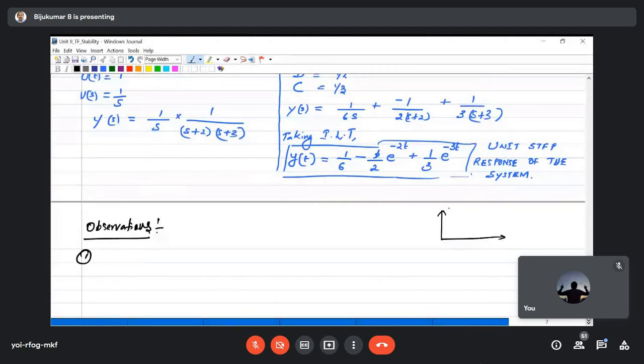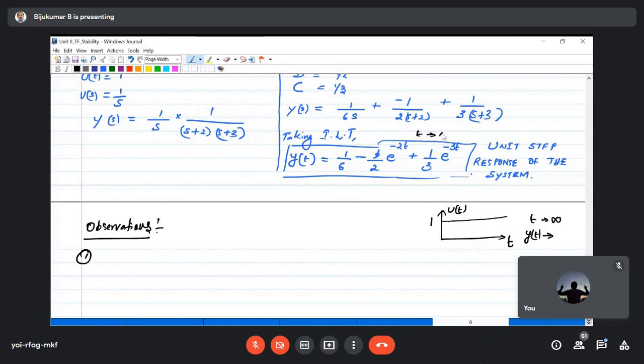It is u(t) = 1, so this is a bounded input. If I give this, we have to find what happens as t tends to infinity, right? What about y(t)? I know the expression: it is 1/6 - 1/2 e^(-2t) + 1/3 e^(-3t). So if t tends to infinity in this relation, what is the value of y(t)? Yeah, y(t) is 1/6.